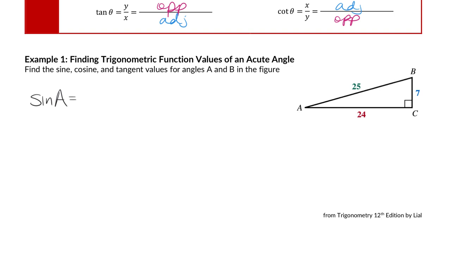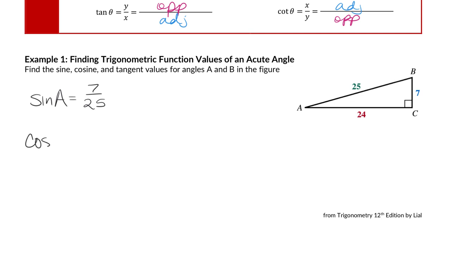So looking at this triangle, what side length is opposite of A? 7. So this is going to be 7 divided by the hypotenuse, which is 25. So opposite over hypotenuse.